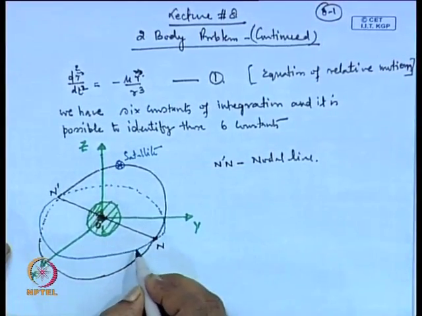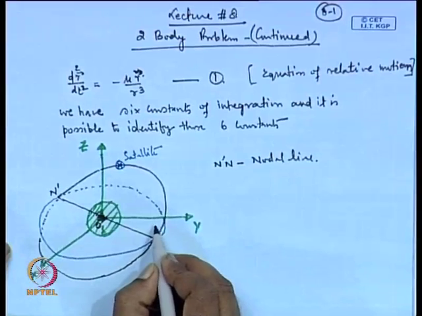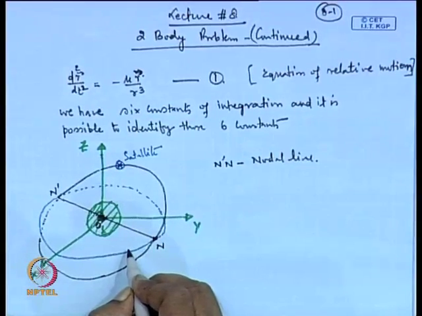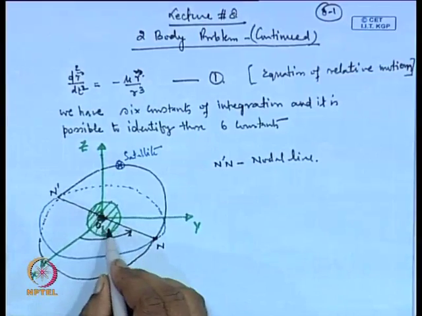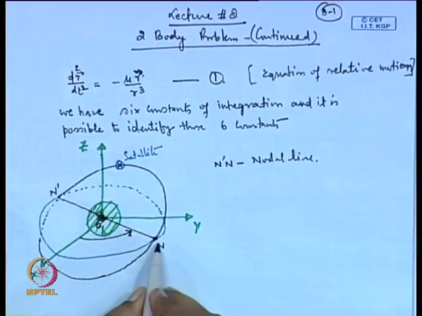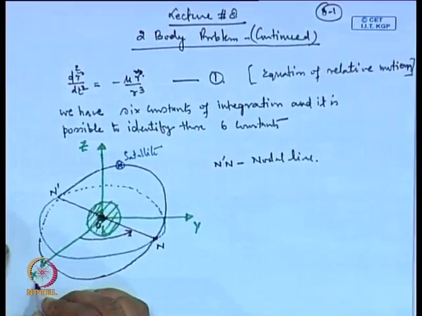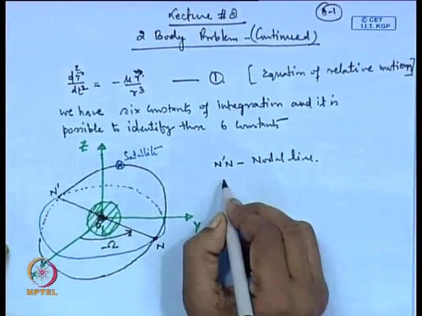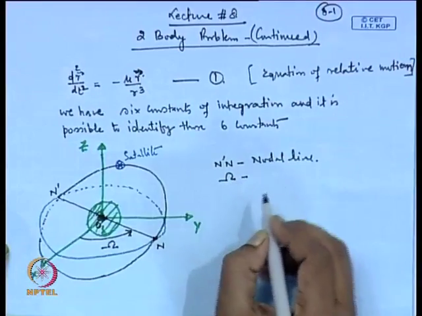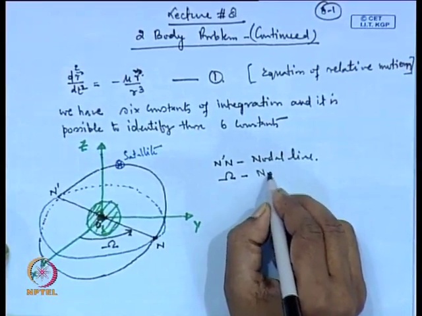The angle from x to O n, where this is the inertial reference frame and this is the x direction, is termed the nodal angle.